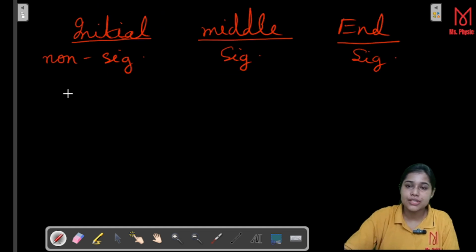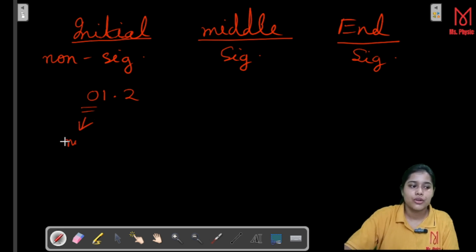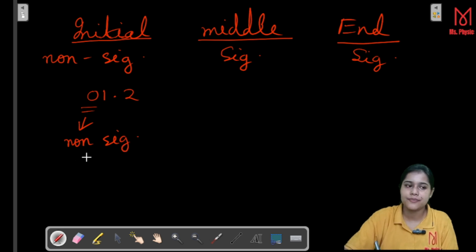Now, let me give you some examples. Suppose 1 and 2. Two non-zero digits are here. Suppose one decimal point is there and here it is 0. Now here you see that 0 is placed at the initial position. Then it is called your non-significant digit. Clear?